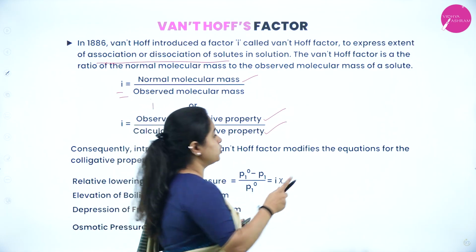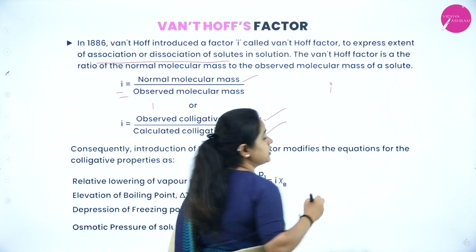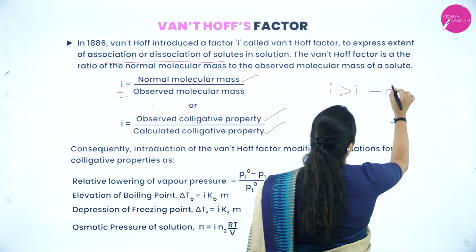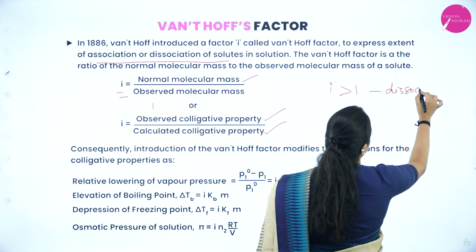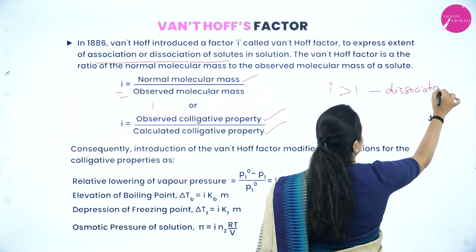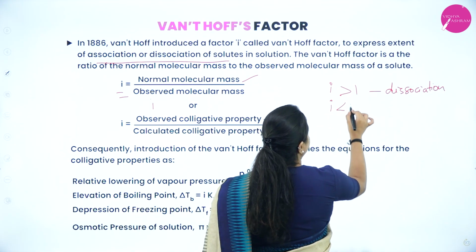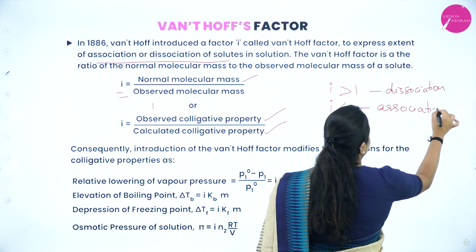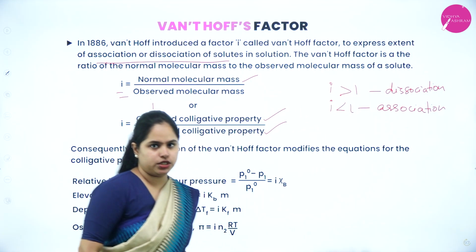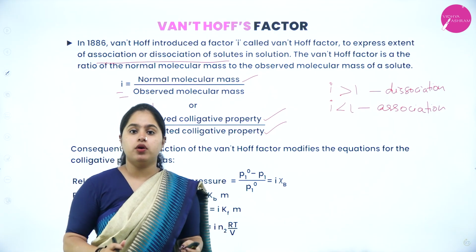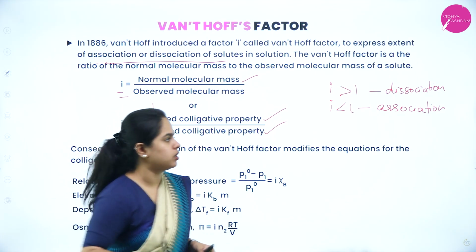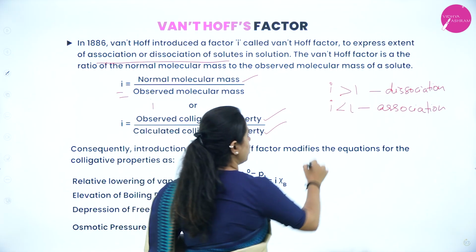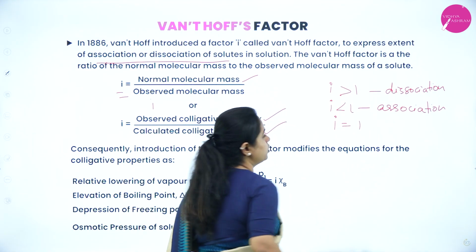So now what you have to remember is that the i value, the Vant Hoff factor, will be greater than 1 for the solute particles which undergo dissociation, and the i value will be less than 1 for the solute particles which undergo association. And if the solute particles are neither undergoing association nor dissociation, it will be equal to 1.